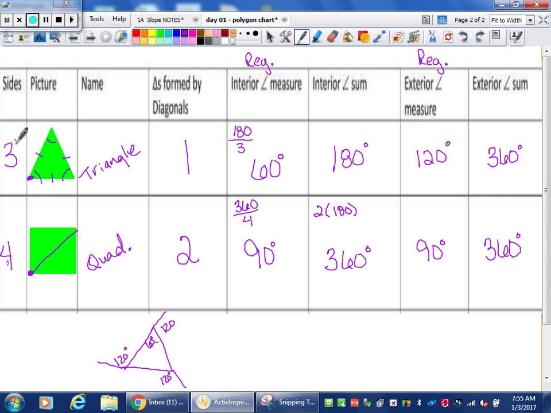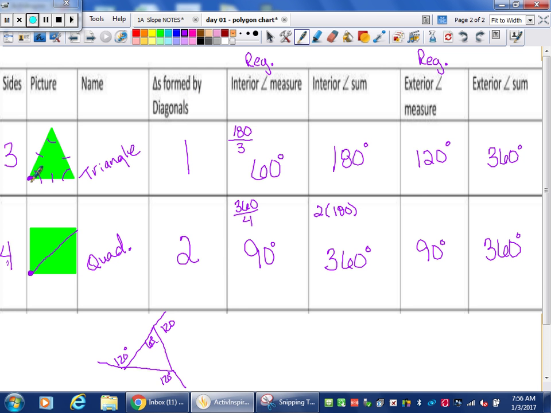A three-sided polygon, regular three-sided polygon, is a triangle whose all three sides are the same, all three angles are the same. It's named a triangle. Now, in order to find my triangles formed by diagonals, I have to draw in my diagonals.